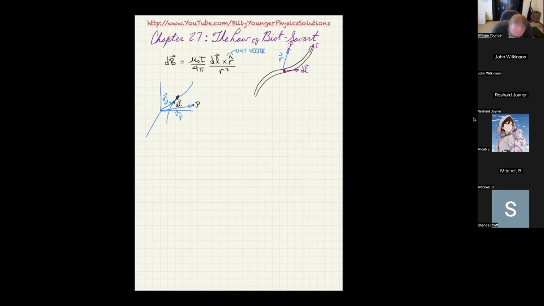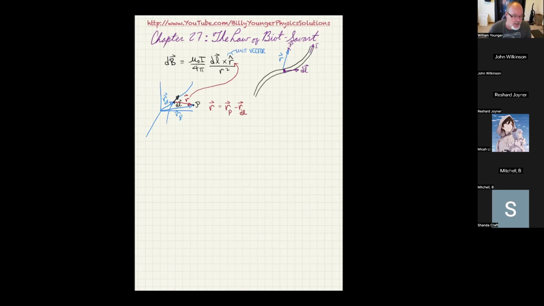And then this little vector, I'm going to use red, from here to here is the R vector that we're talking about. So you can see that the R vector is actually r P, meaning the vector that points to the point, minus r dl, which is the vector that points to the differential element. So you can use that as well if you need.